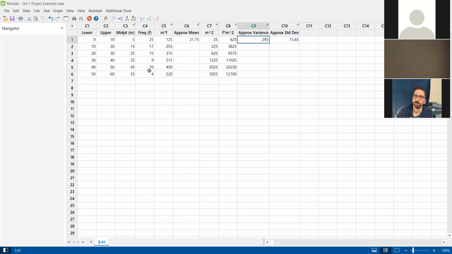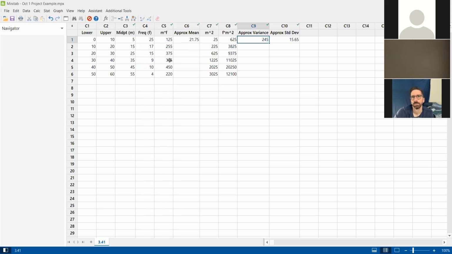We're doing essentially the same thing with this formula, m times f. M represents the midpoint. When I say 5 times 25, that should be the sum of the weeks for those 25 packages. I do that for each row and then add them up. That should be the grand total number of weeks.